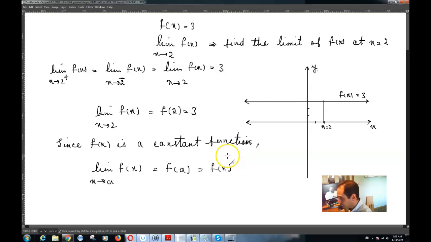That is for any constant function. In this particular case, you can write the limit of f of x as x tends to a is equal to 3.